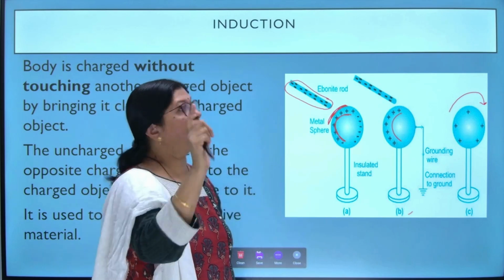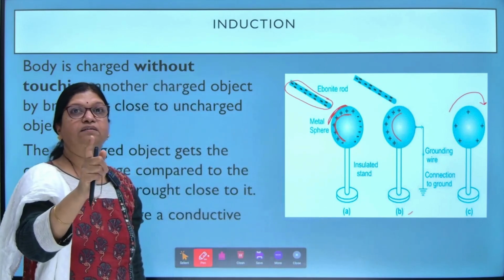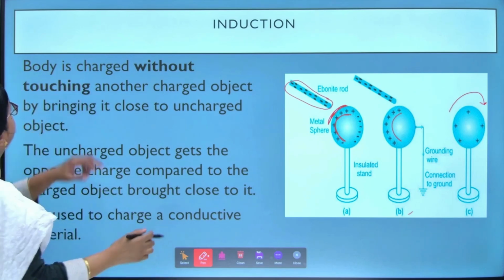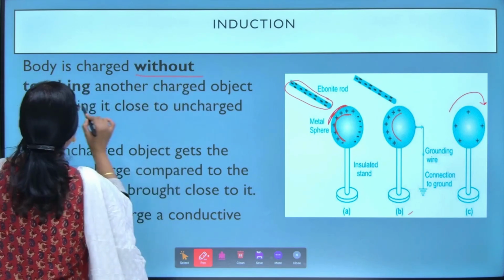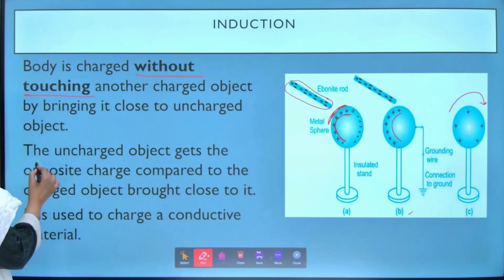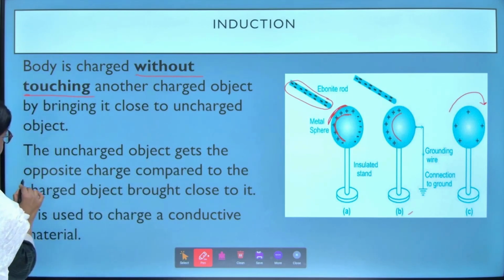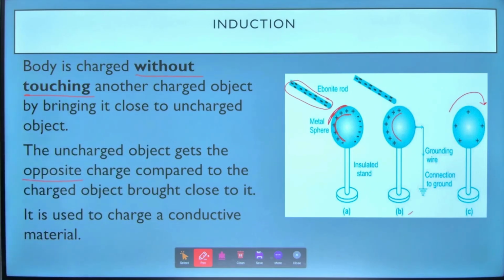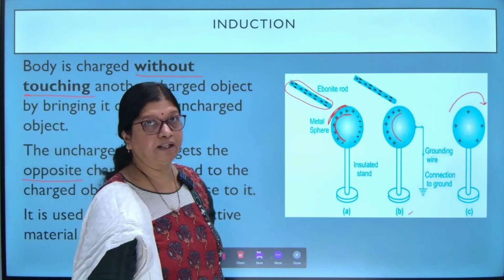So in the process of induction, by which we are charging a conductor, we do not touch the body. The uncharged body gets the opposite charge compared to the charged body which is brought close to it. It is used to charge a conductive material.